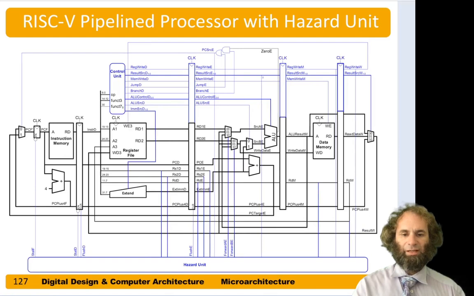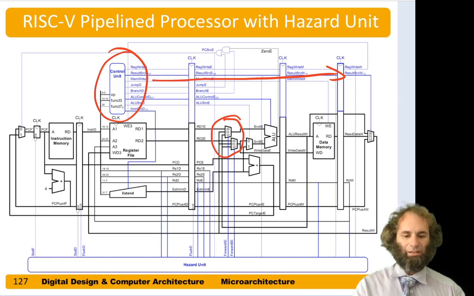So putting this all together, here's our complete processor with the data path, the control, and the hazard unit. The data path was essentially the same as the single cycle processor, except we've added some forwarding multiplexers for performance. The control was the same as the single cycle processor, except we pipeline along the control signals to the appropriate stages where they're needed.